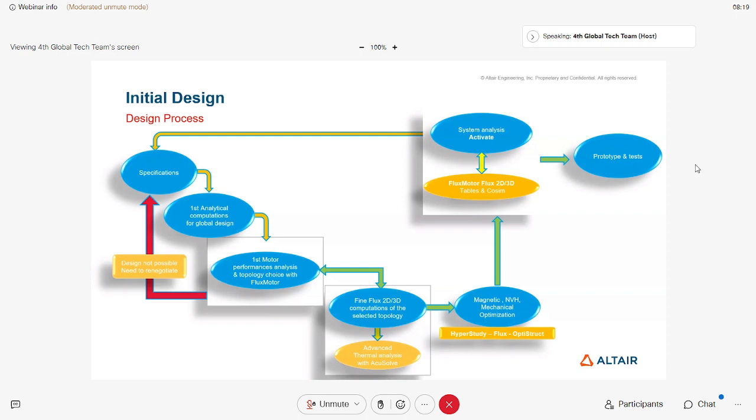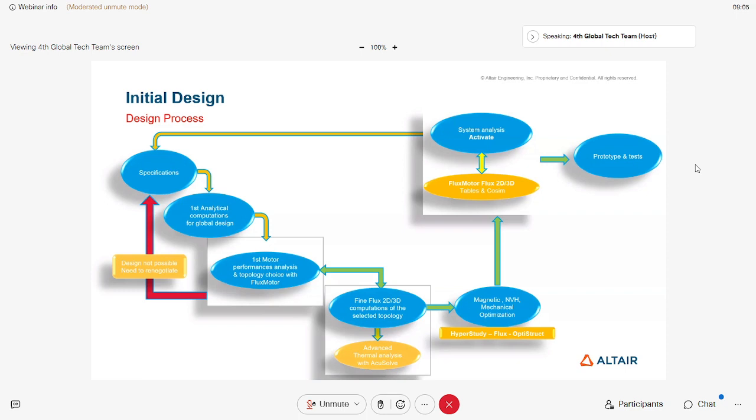So Flex Motor is already a pre-designed multiphysics platform, but we need this advanced multiphysics analysis. And of course, we can make some optimization, only magnetic optimization, or it can be multiphysics optimization. And this is the trend actually. More and more, we see this multiphysics analysis to satisfy and to optimize the motor, so it can meet the objective from magnetic, thermal, and mechanical points of view.